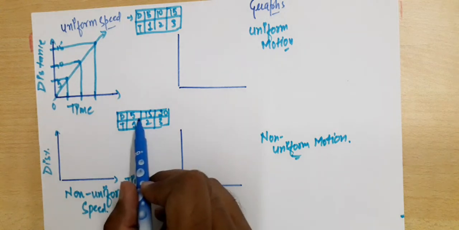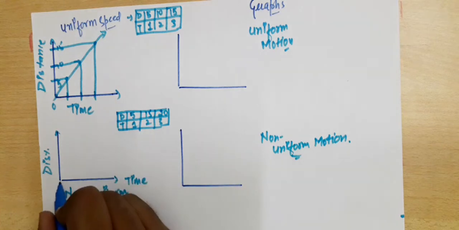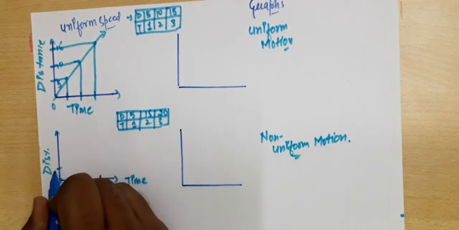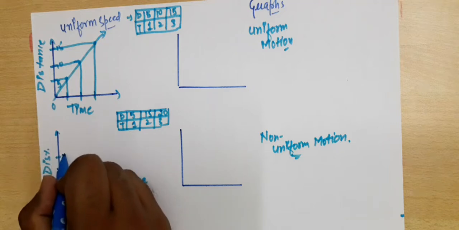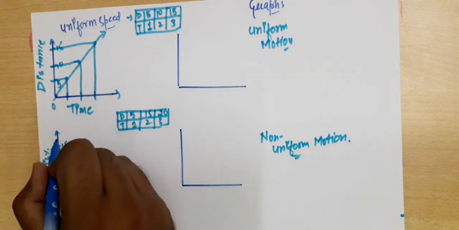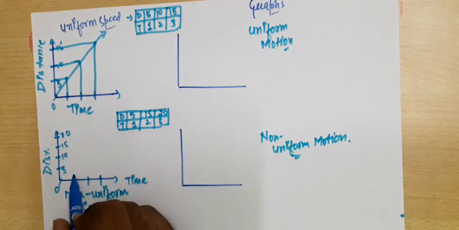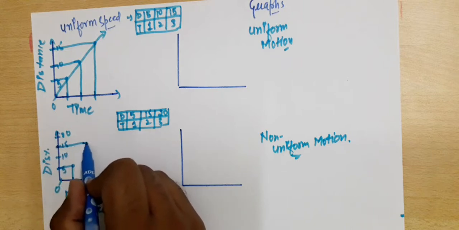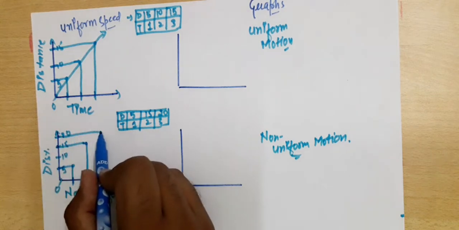Here it is having a gap of 10 meters, then 5. Now we shall observe its graph. 1, 2 and 3. So this is 5, 10, 15, 20. At the very first second it was 5, at the second it was 15, and the third it was 20.